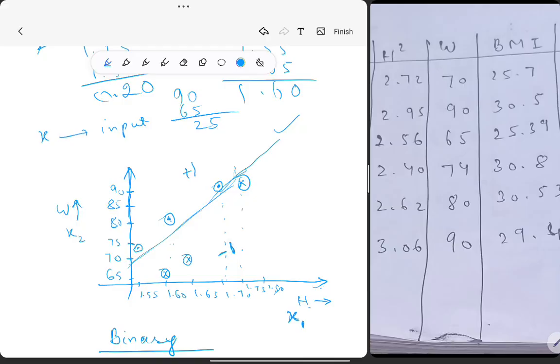This +1 and -1, they are just labels. We must not take them literally, in the sense that we might think these are numbers. No, they are not numbers. Suppose for a moment these are numbers. Then we can add them.